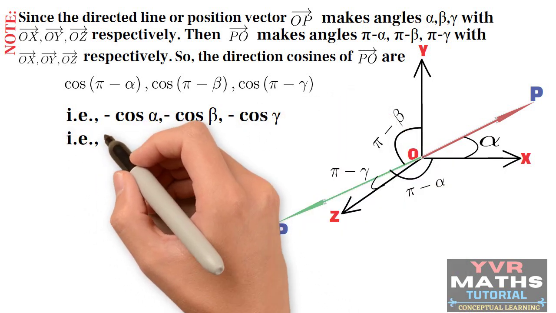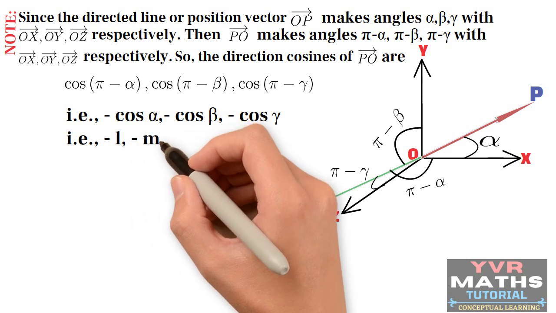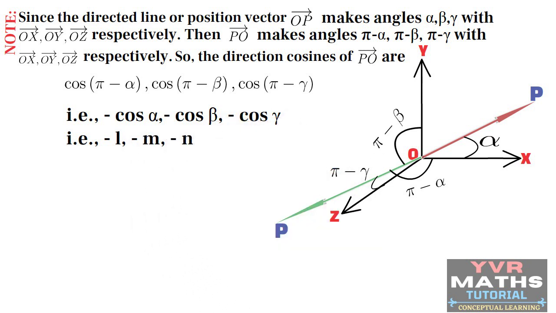Already we know that cos alpha, cos beta, cos gamma can be denoted by the letters l, m, n. That's why minus l, minus m, minus n. So based on this discussion, every line has two sets of direction cosines.